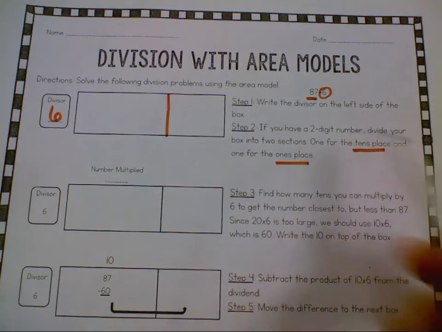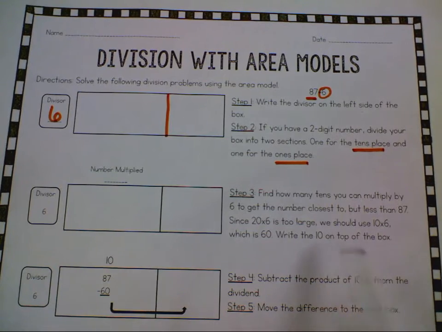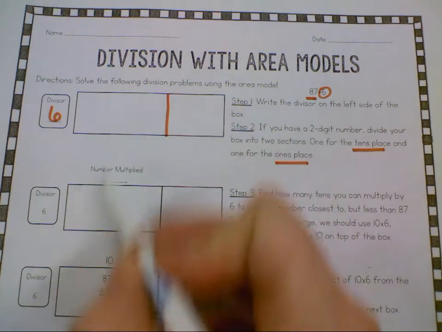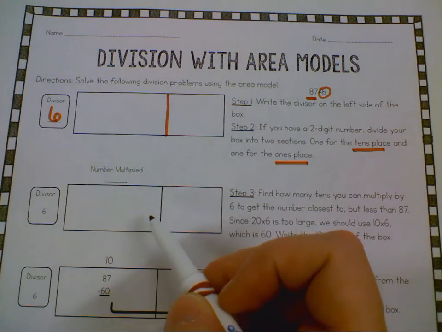All right, step 3. Find how many tens you can multiply by 6 to get the number closest to but less than 87. Since 20 times 6 is too large, we should use 10 times 6, which is 60, the 10 on top of the box. We know that 87 is what we are dividing up.